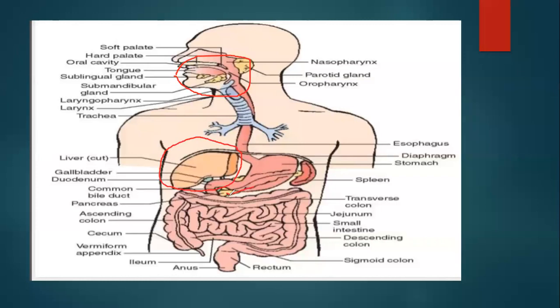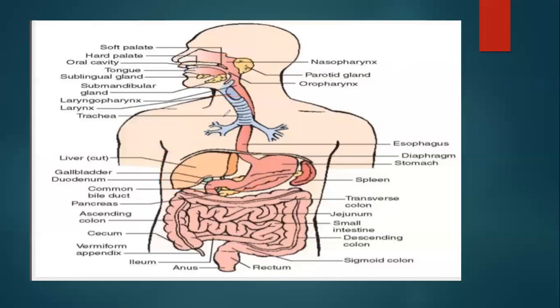So in the alimentary canal we see the sequence: mouth, esophagus, stomach, small intestine, and large intestine, whereas the associated glands are salivary glands, liver, and pancreas.